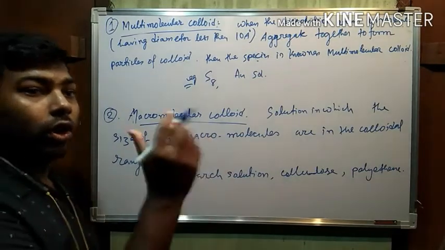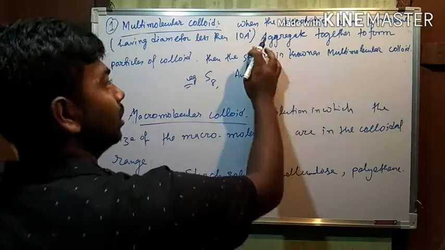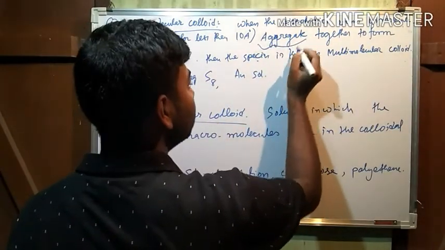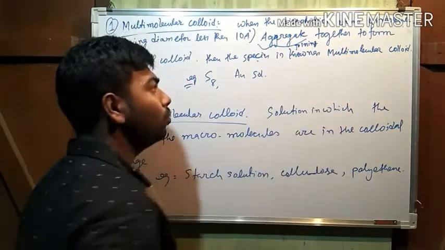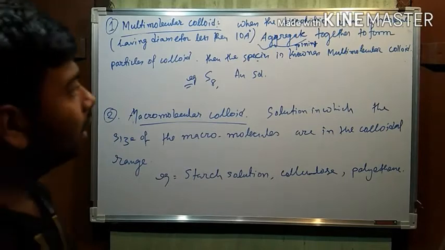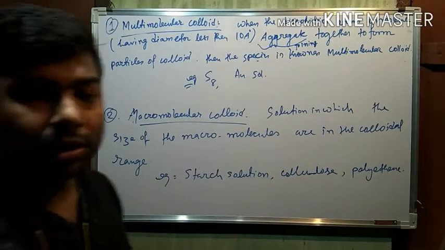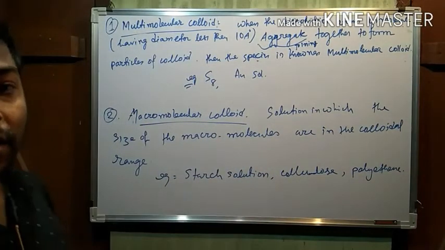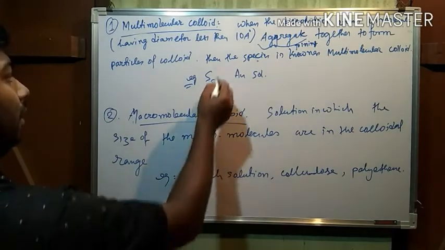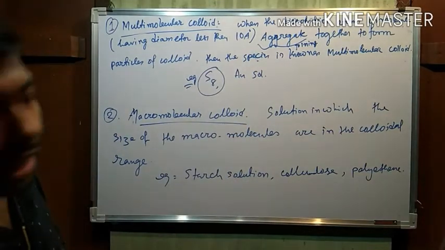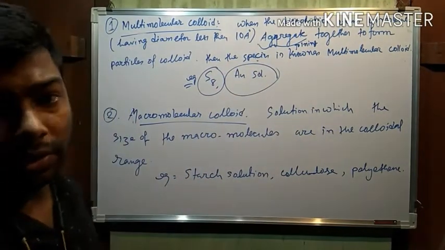Aggregation means joining two or more molecules or atoms together. They aggregate to form a particle of colloidal size. Then the solution is known as a multi-molecular colloid. For example, sulfur S8 is a multi-molecular colloid, and gold sol is multi-molecular. Simple thing, this one.